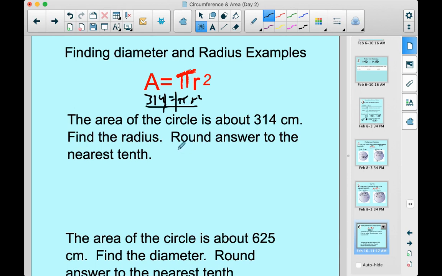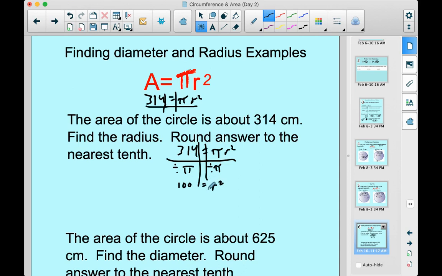Let me bring out here, have more space. So pi times the radius squared. So if I divide by pi, which is 3.14, 314 divided by 3.14 is 100. So I have 100 equals the radius squared.